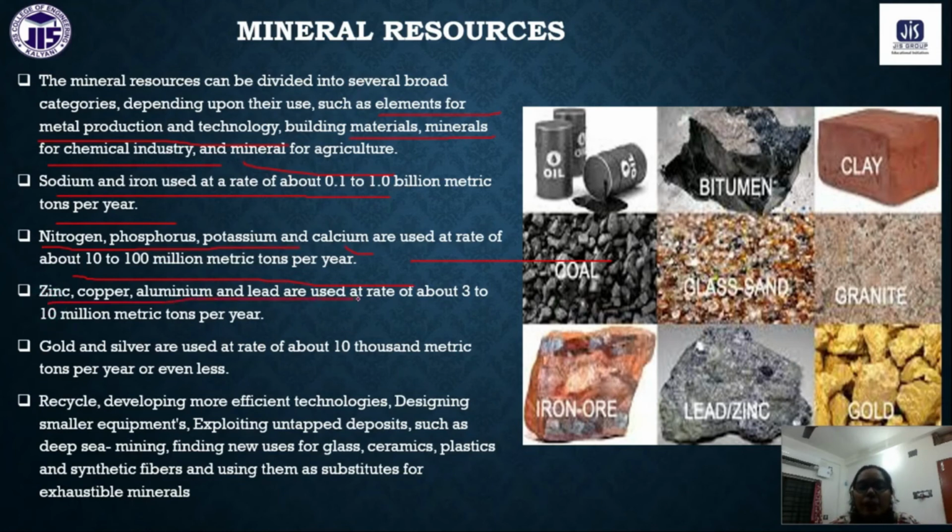Zinc, copper, aluminium, and lead are used at the rate of 3 to 10 million metric tons per year. You can see we are using these mineral resources in a large amount. Okay, so this excessive use of minerals will be very harmful for our sustainability.